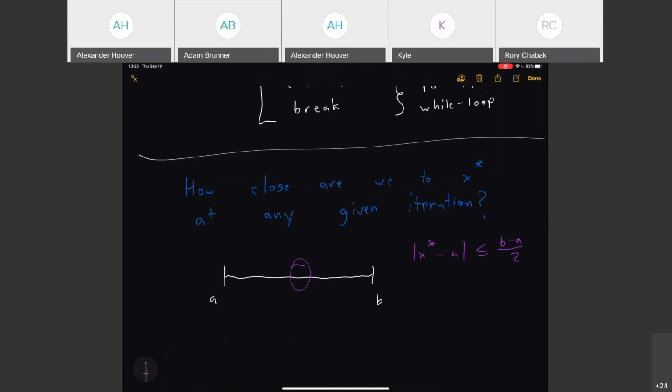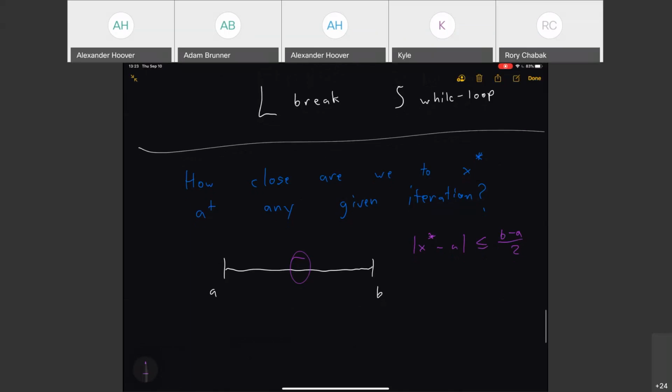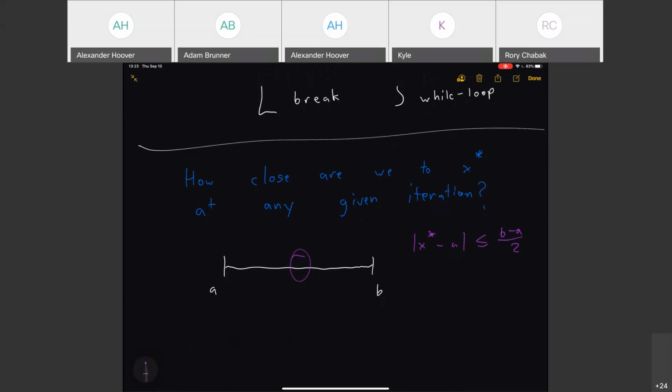Yes. I believe it's either that or Newton's method, but because of the robustness of the bisection method, it is in fact what's used for your graphing calculator. So that's a great question.